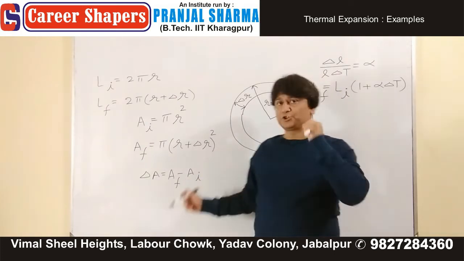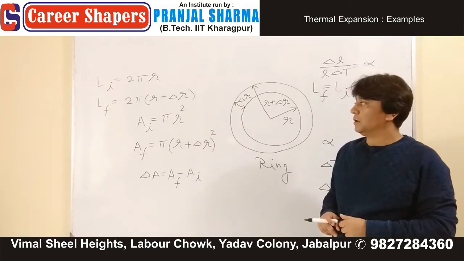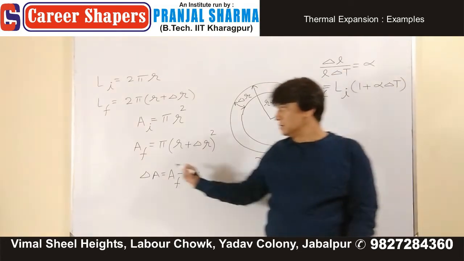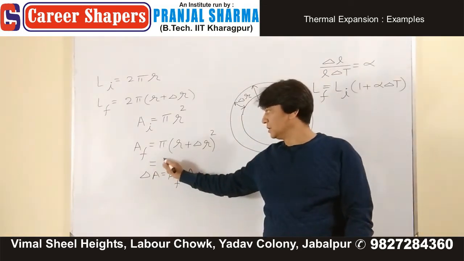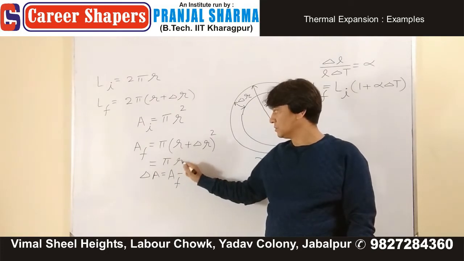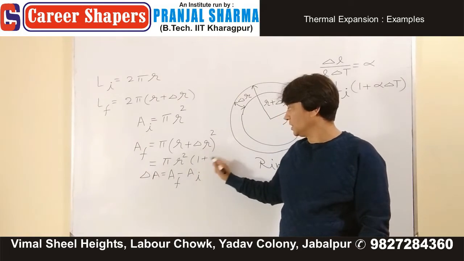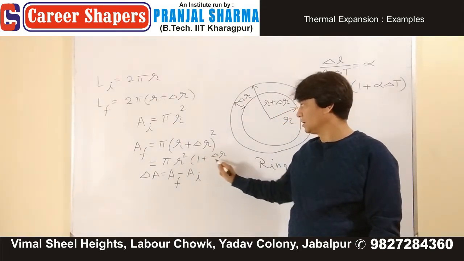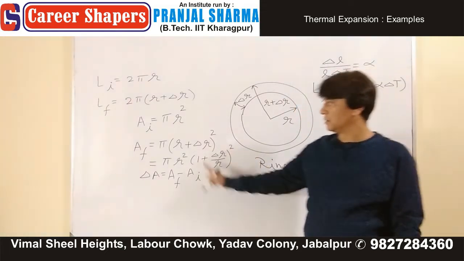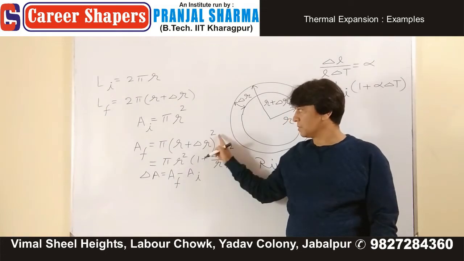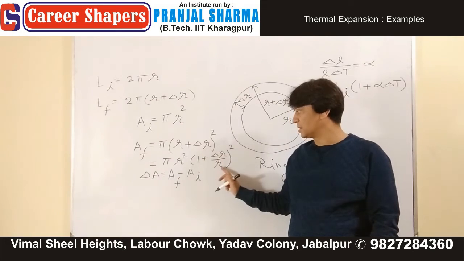Now, we'll solve this question assuming that the change is very small. For small change, we can do something like this. Let's take r common. This is pi r square, and inside is 1 plus delta r divided by r, whole square. Take r common; when it comes out, it becomes r square, and over here it's delta r upon r.